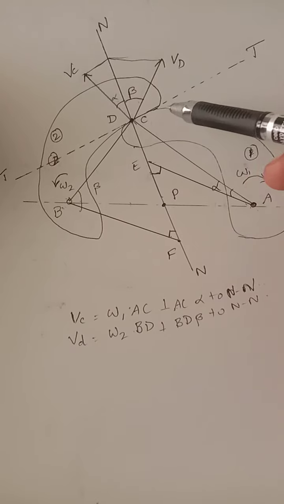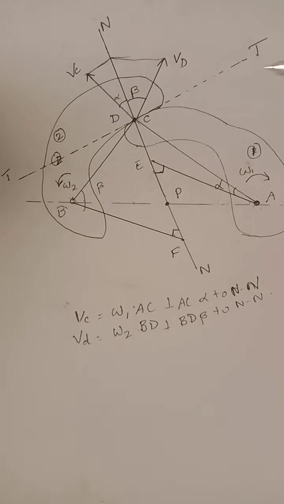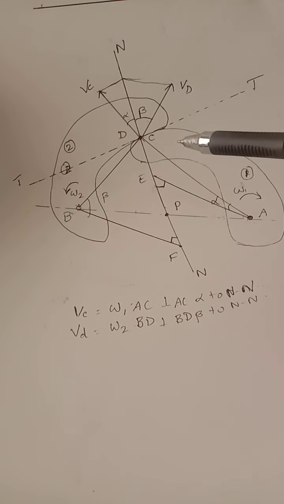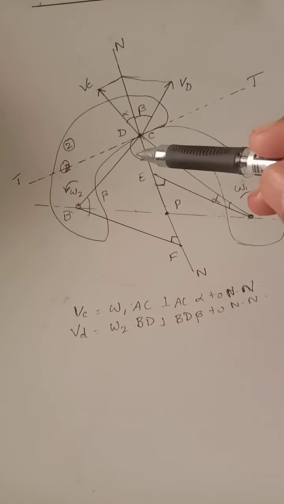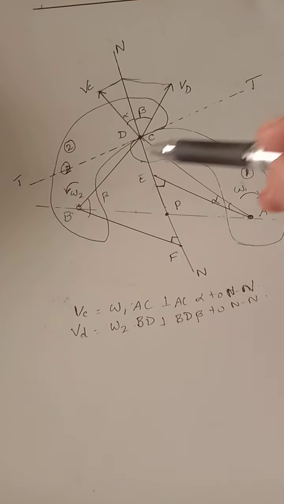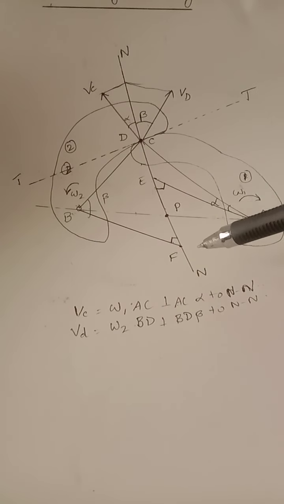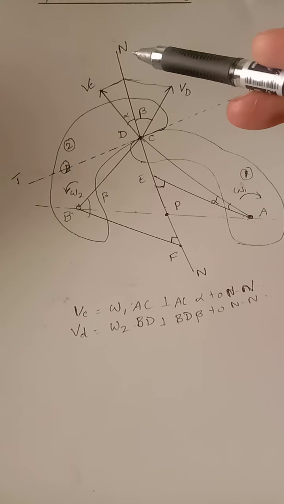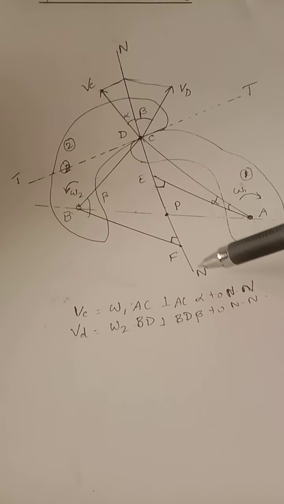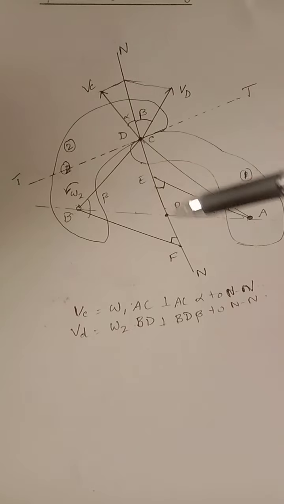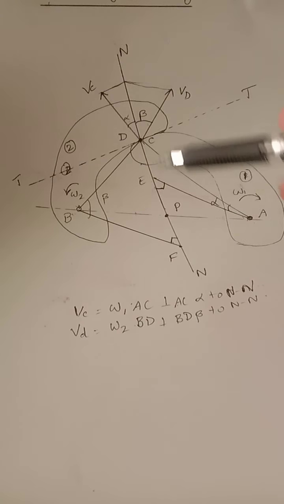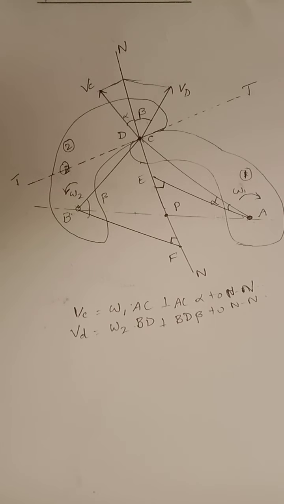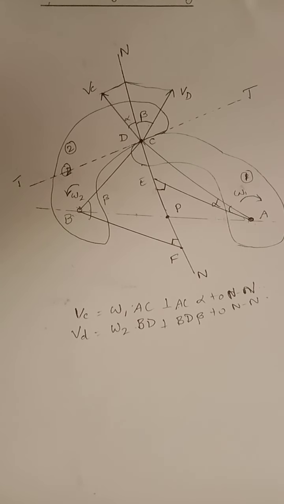Now this may slide over. To avoid that movement, it should not slide along the tangent. The only possible way is that the relative motion along the normal direction must be 0.